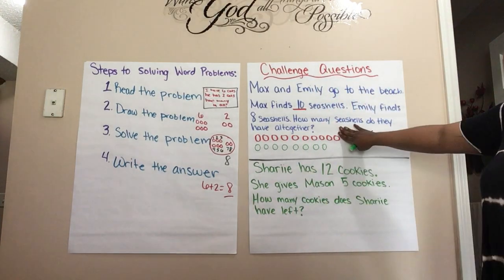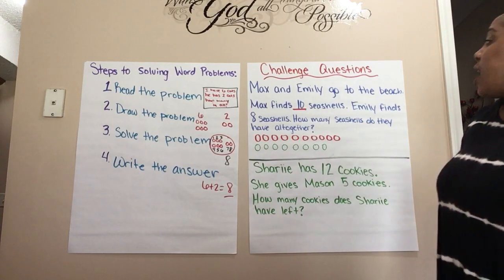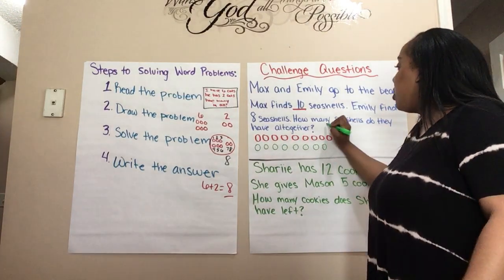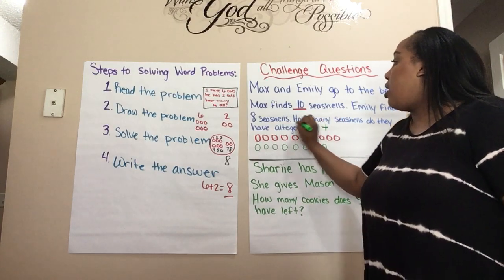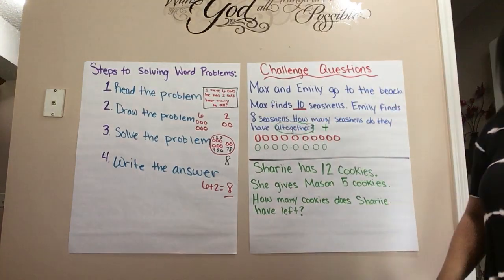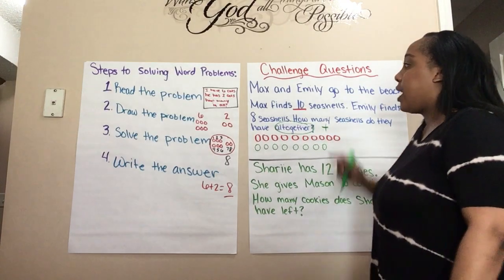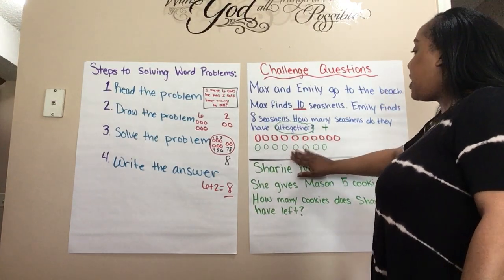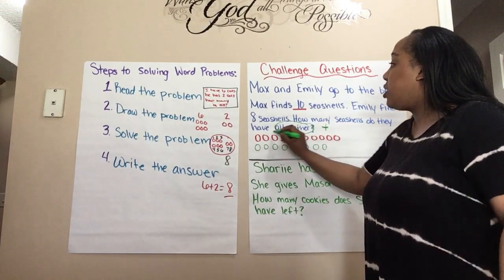Okay? Max's seashells, Emily's seashells, and they want to know how many they have all together. I already knew they wanted me to add them because I heard all together, so I know I'm going to add. So, Max has 10, Emily has 8. I want to know how many all together.